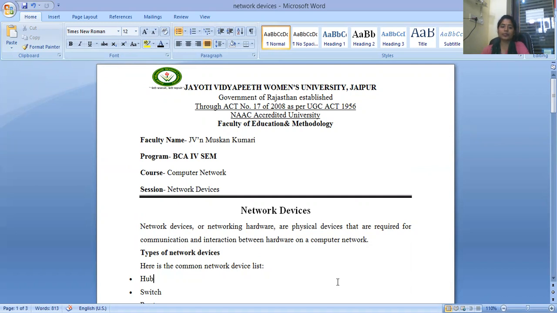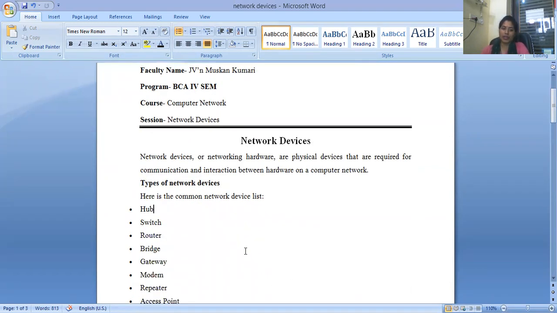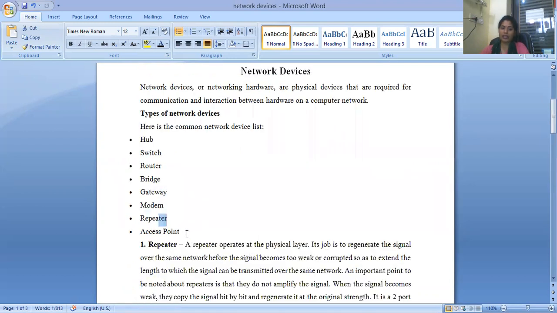Clear? So, what are the devices of the computer network? There are hub, switches, routers, bridge, gateway, modem, repeaters, and access points. These are the various components or devices of the computer network.